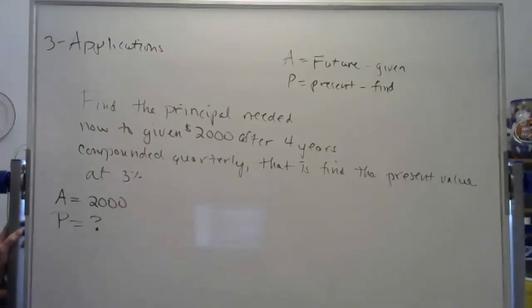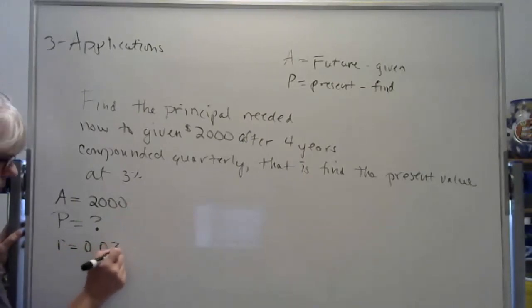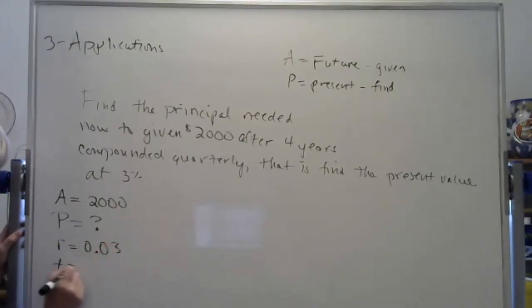So I'm going to put a question mark there. The interest rate is 3%, so that's 0.03. The time is 4 years. And N is how often it's compounded, which for us quarterly means what? How many quarters are in a whole? 4. Yep. So I've got a couple of 4s floating around there.